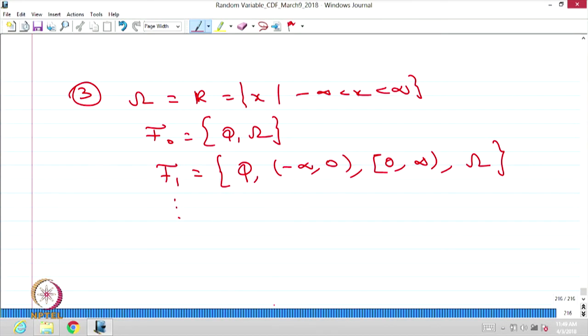But we are going to have a largest sigma field. We can visualize what forms of intervals or elements are going to be elements of F, the collection of subsets of omega, so that F is a sigma field.